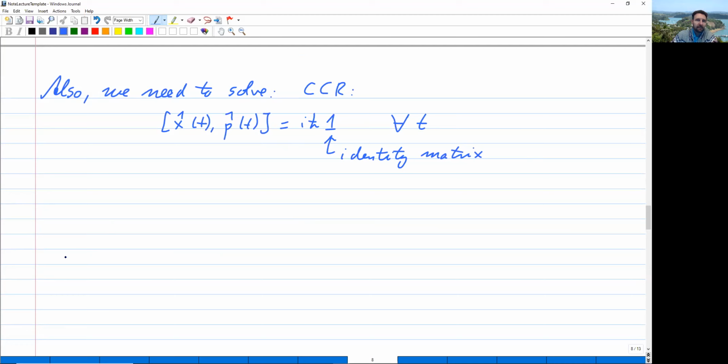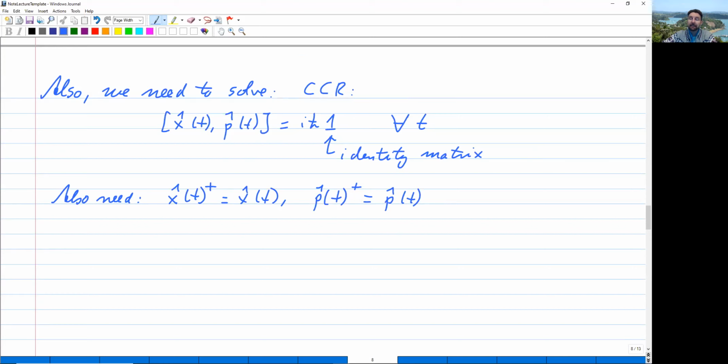So we have to solve this and also need that we find matrices x hat of t and p hat of t which obey that x hat of t Hermitian conjugate, which means transpose complex conjugate, is equal to x hat of t, and p hat of t dagger is equal to p hat of t.